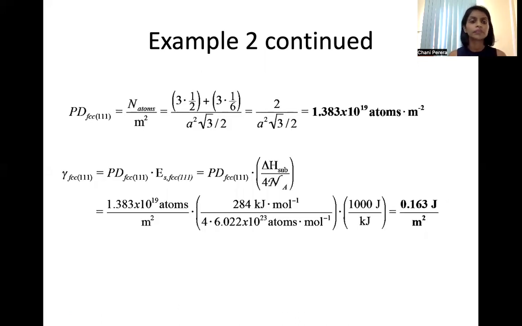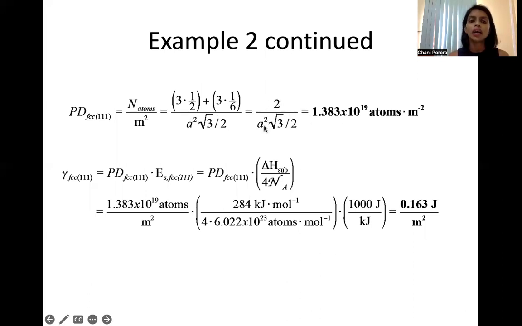So let's see. There are going to be 3 half atoms and 3 one-sixth atoms. So that is the total number of atoms included in that one plane, and you know the total area of that plane.